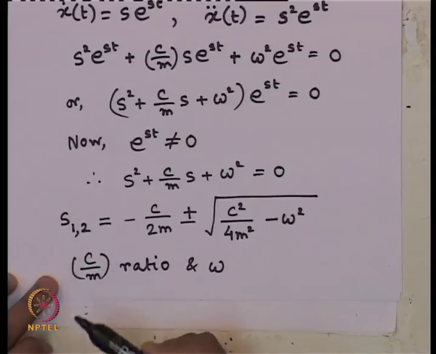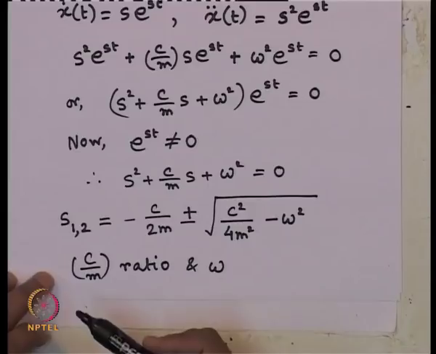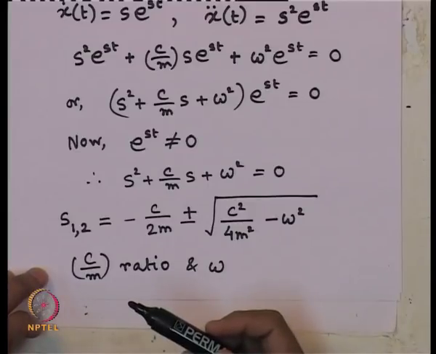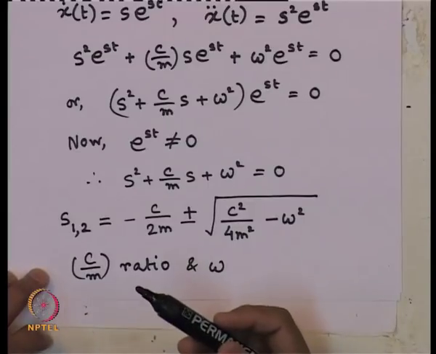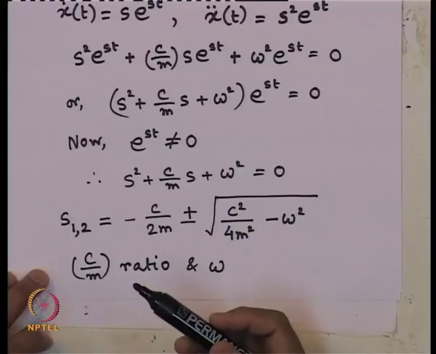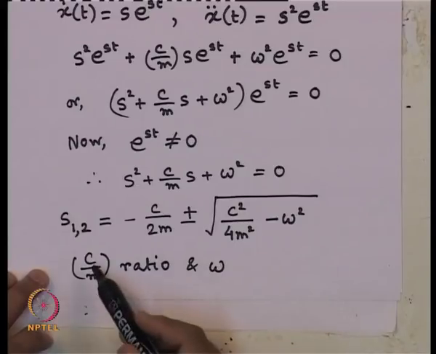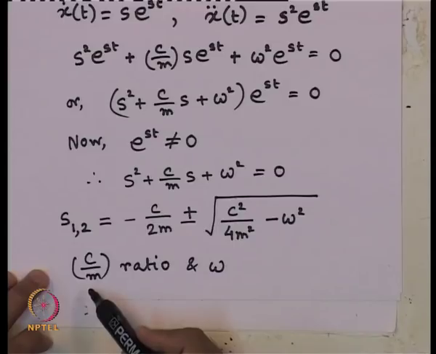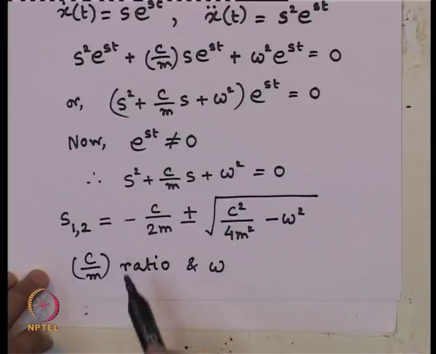So, when for any design purpose we are going to select how a system is going to behave, we have to emphasize on the ratio of the chosen c by m rather than just changing one variable c or one variable m.